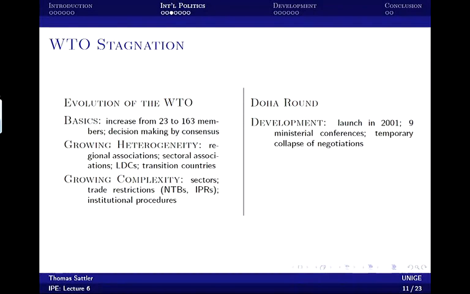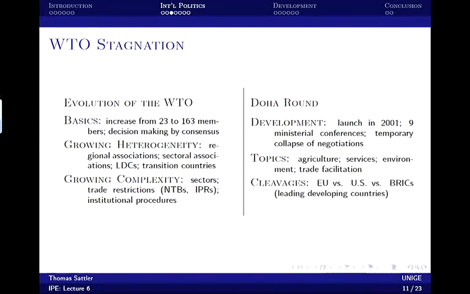negotiations essentially collapsed. And they collapsed because we now are discussing agriculture, services, environment, all these things that we excluded before because they were too difficult to agree upon on a global level. And we saw multiple cleavages. So the EU and the US have a conflict over, for instance, genetically modified food.